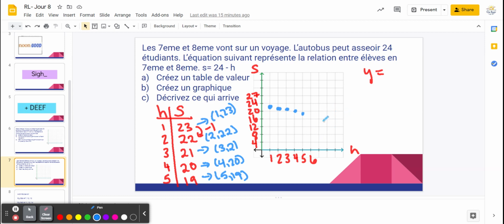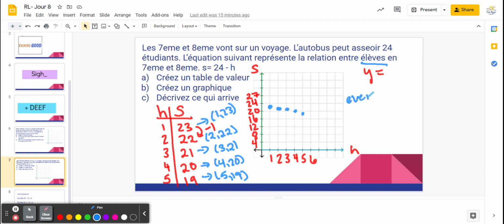And again, this is discrete data because we're talking about counting students. And we can't ever say we had 0.5 of a student. Okay, so we did A and B. So C is just saying, okay, describe what's happening. Well, we could say that every time we have another 8th grader, we have 1 less 7th grader.